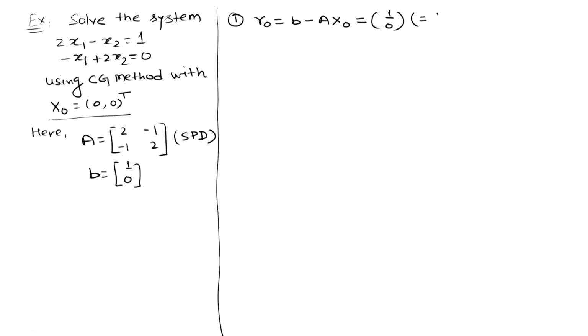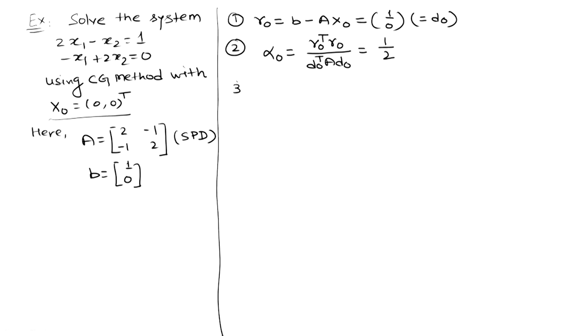Also in the algorithm we assume it as the initial search direction d0. Now in the second step, we calculate alpha0, the step length, which is r0 transpose r0 upon d0 transpose A d0. Here you can notice d0 and r0 are the same vector. If I calculate it, it comes out to be 1 by 2.